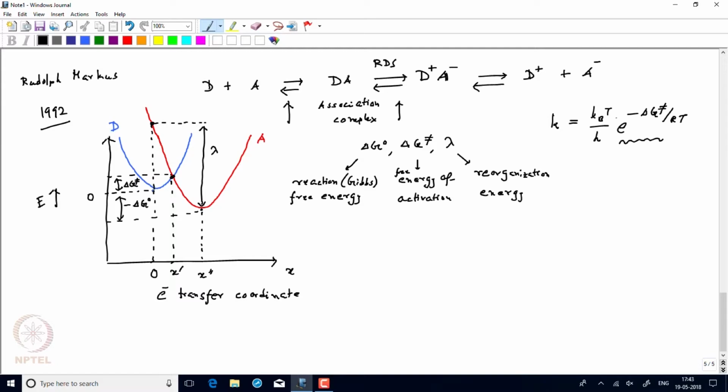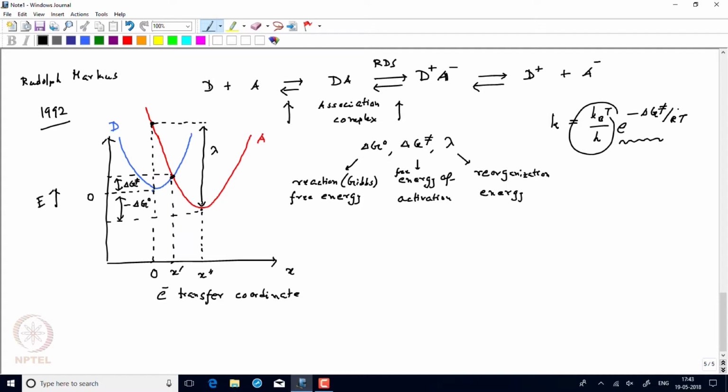Now this kBT by h again is coming from the Eyring equation, and this delta G dagger is the free energy of activation. So all we want is an expression for the delta G dagger with respect to the delta G0, and then we are done. So let us now try to figure out, these are all parabolas, so we can write the equation like the equation for a parabola, that is y equal to x square.